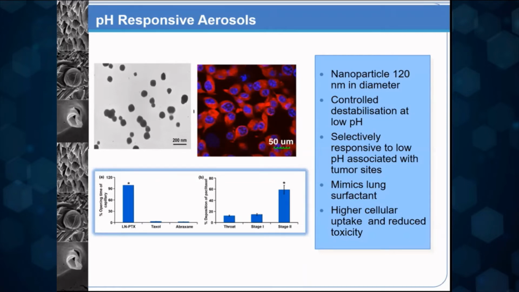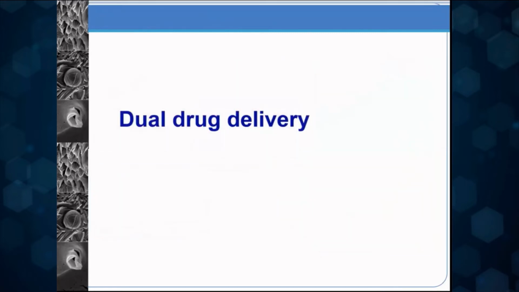Just to give you the contrast, if you were to design this for oral delivery, the same strategy would not work. You would have to work through first the travel of your biomaterial through the stomach into the intestine, absorption, and then your trigger at your target site.